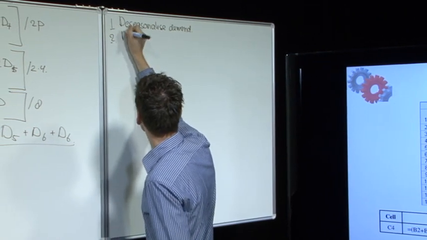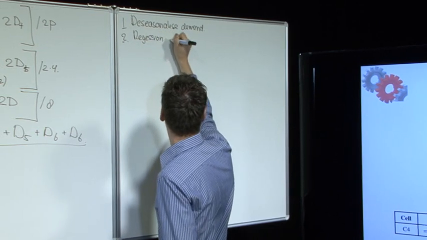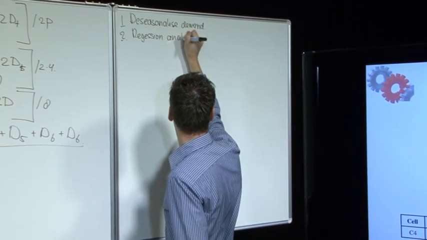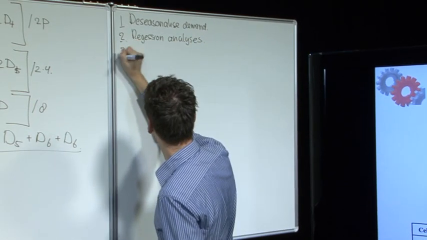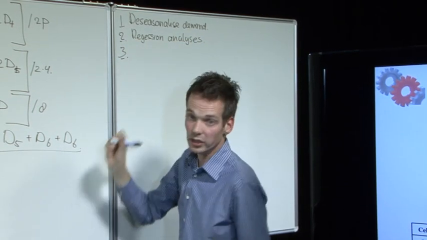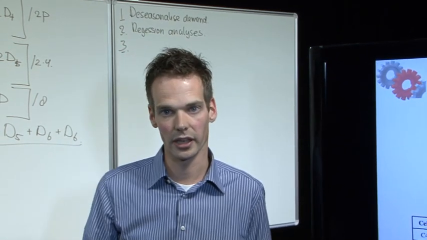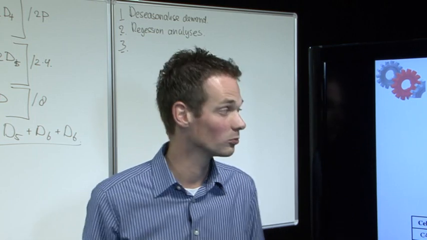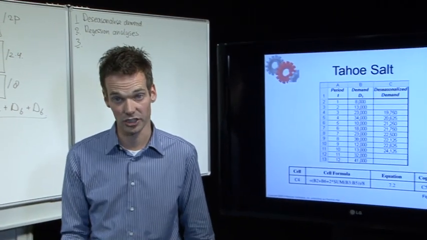The second step is regression analysis. And the third one we cross in a later slide. That is seasoning. So now we have to use the regression analysis.